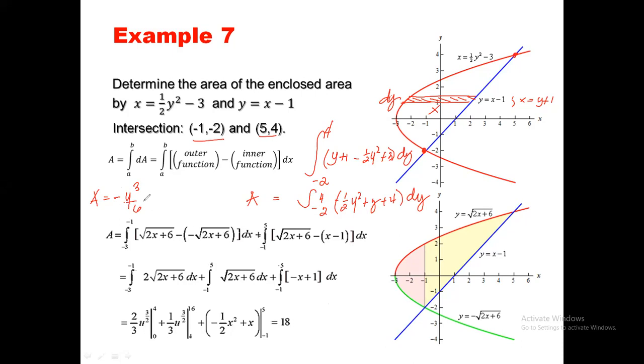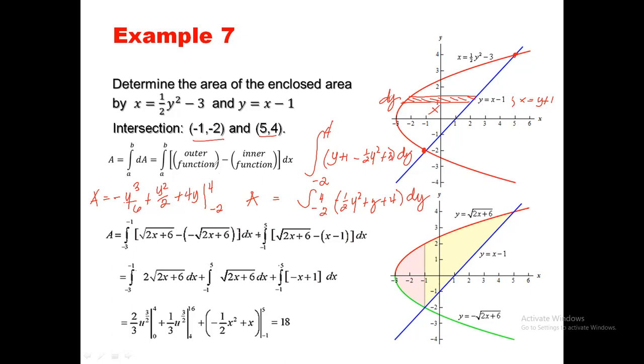And then for this one, you will have y squared over 2, and for the 4, you will have 4y. Your limits will be negative 2 to 4. Or you can use your calculators to do that for you; it can readily give you the answer. Okay, can you do that? I can't find my calculator here.